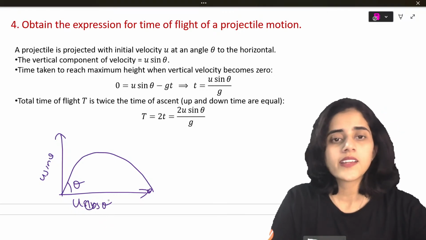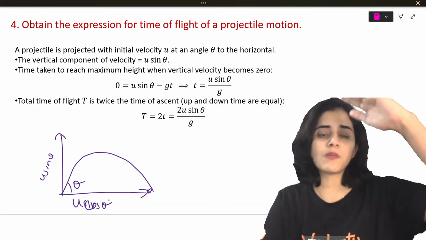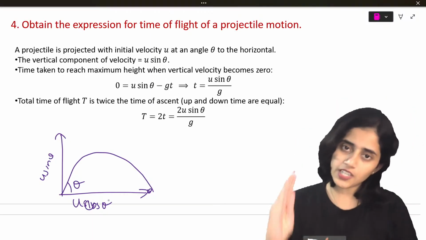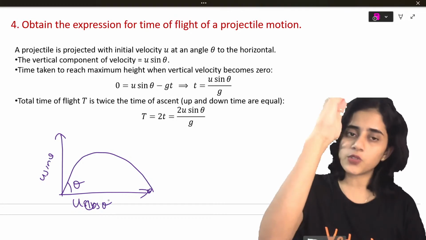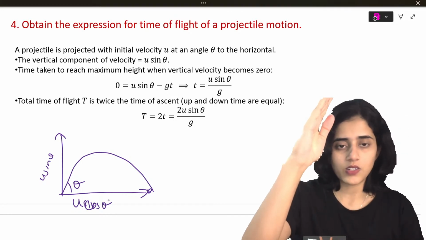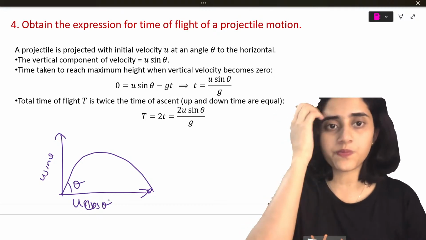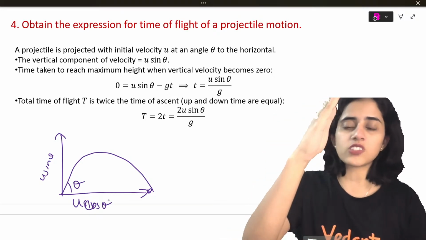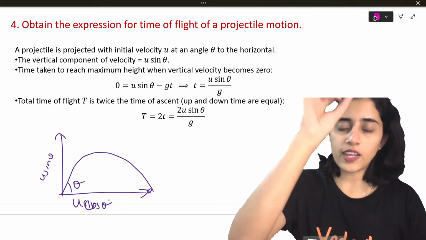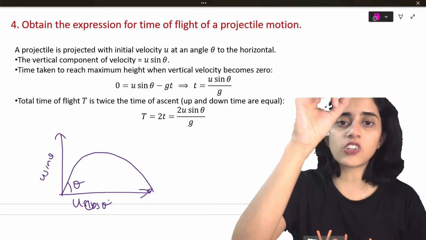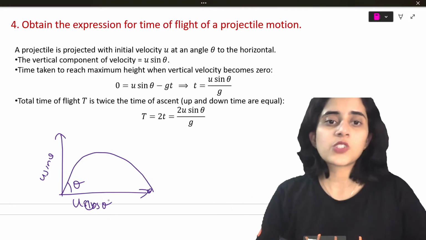So the time taken to reach maximum height is when the projectile goes like this. That is when your vertical velocity becomes 0. So at the maximum height, vertical velocity is 0. So what will you get?